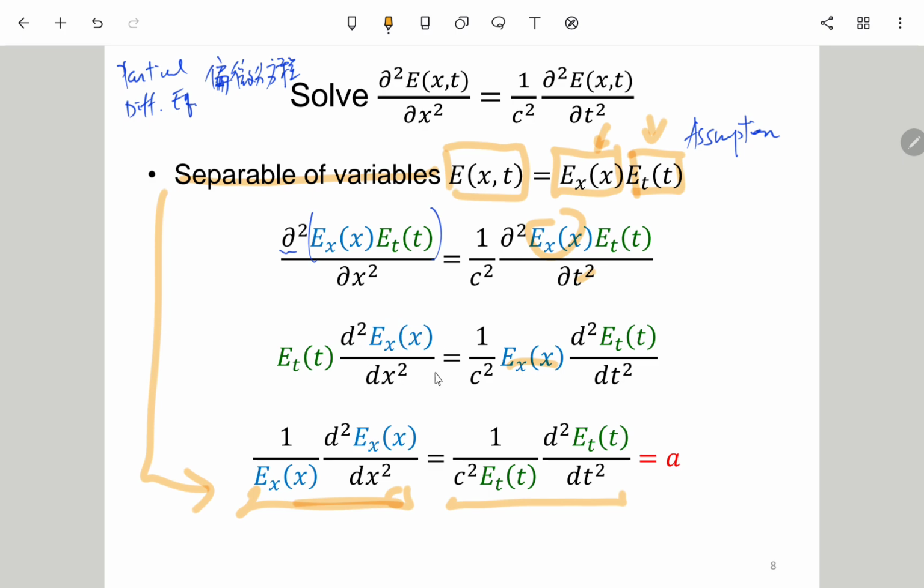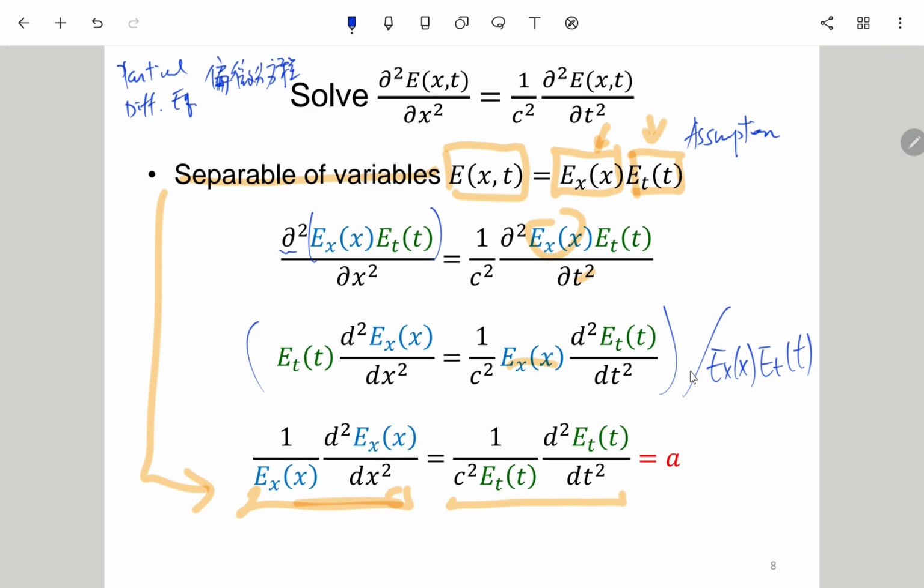And then we try to separate x and t. This term is blue and this term is green, and this is a constant, so it does not matter where we put it. Here we divide by E_x of x and E_t of t on both sides.